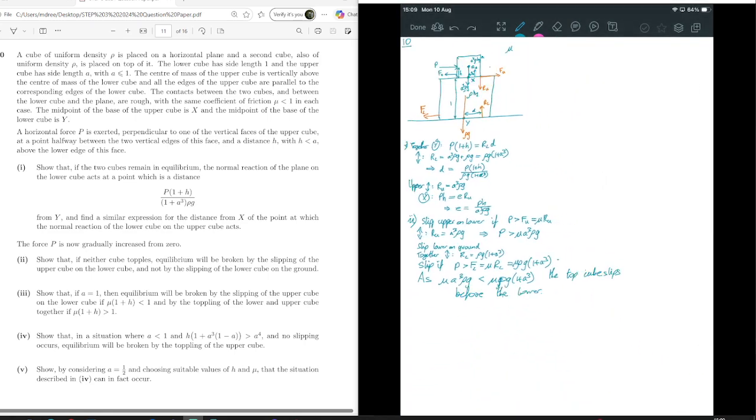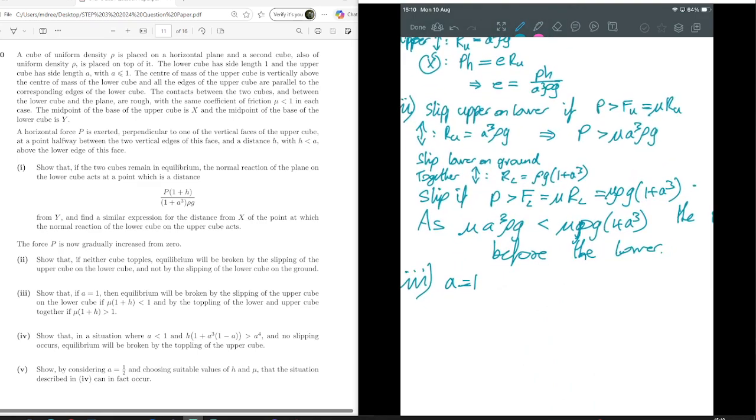Then equilibrium will be broken by the slipping of the upper cube if that, and toppling of the lower and upper together if that. Okay, so let's kind of break down what the possibilities are. So we're now setting A to be 1.